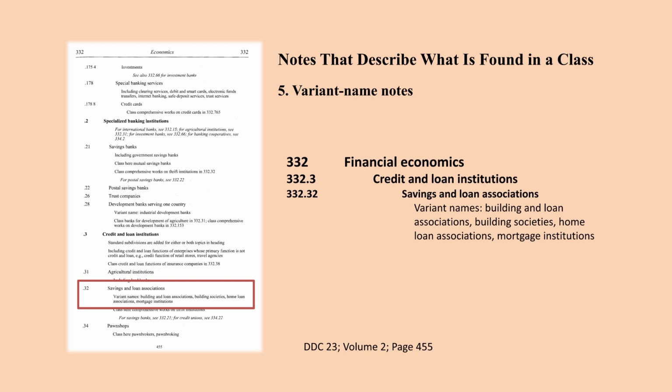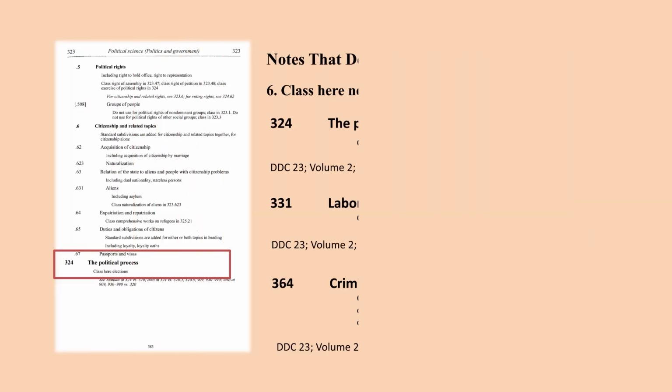Under the heading, the variant names are recorded as building and loan associations, building societies, home loan association, mortgage institution, etc. So these are the kind of variant name notes that appear in the Dewey Decimal Classification, and the example we will get under 332.32.